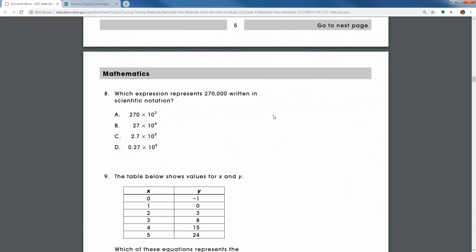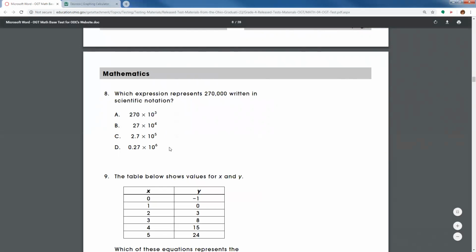Which expression represents 270,000 written in scientific notation? This is where the calculator comes into play. They kind of are trying to trick you again. I think all of them actually make the number 270,000.